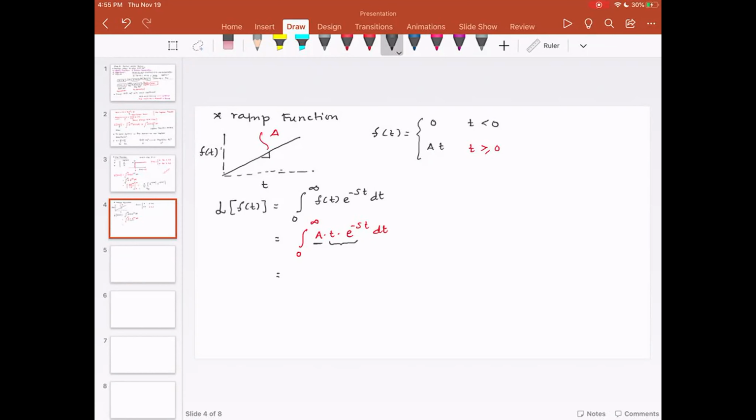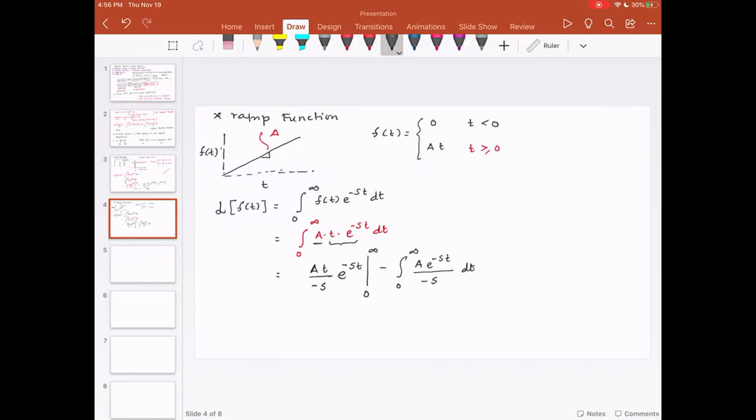This equation becomes at times minus 1 over s e to the power minus st, evaluated at 0 and infinity, minus integral 0 to infinity a e to the minus st divided by minus s dt.